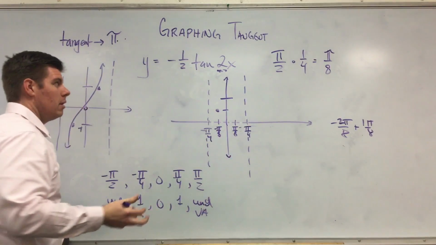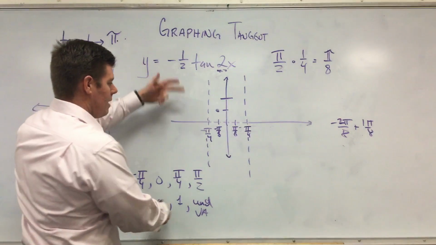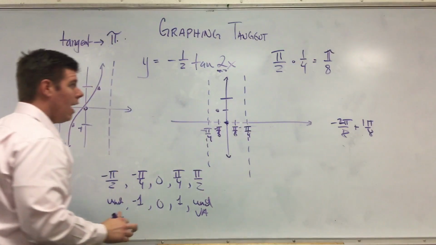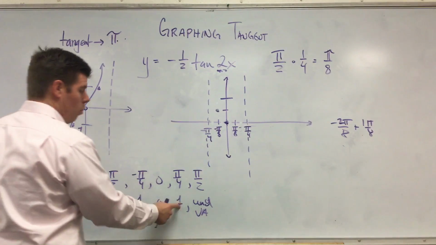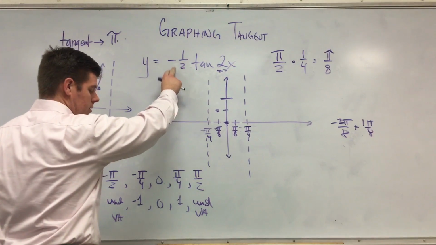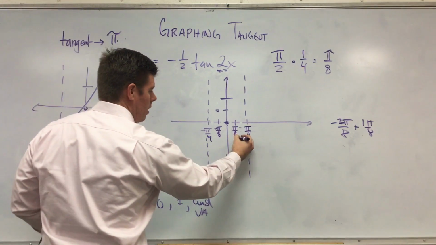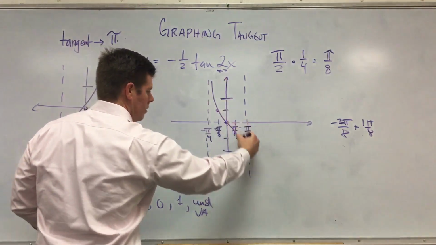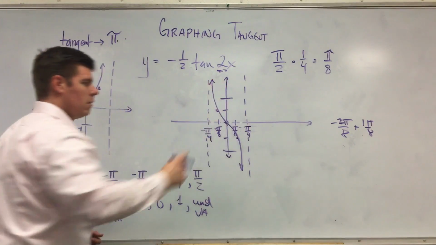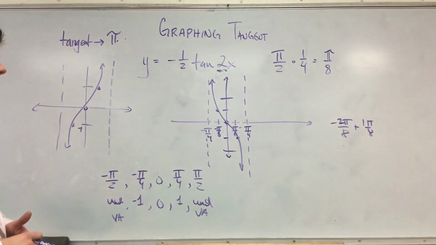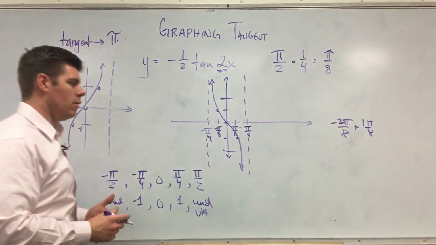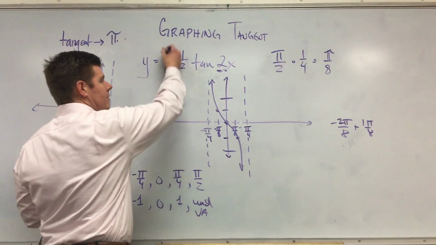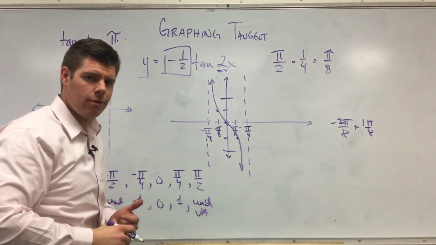I plot my point. 0 times that, 0. And then I also have the 1/2. So negative 1/2 times that gives me the negative 1/2. So now I have this pattern that just flips. And it's very simple. What you begin to notice is that this plays a similar role to amplitude, though it's not called amplitude.